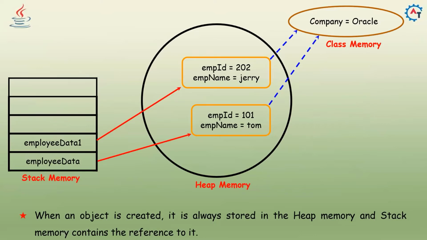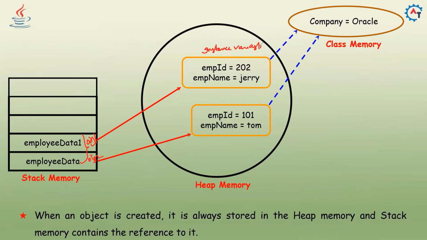So, a simple diagram here. I have a stack memory. Inside the stack memory, I created two objects. These are employee objects, just an example. This is obj1, object 1, and this is obj2, object 2. When you create an object, these are instance variables.